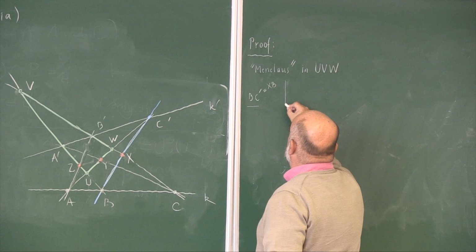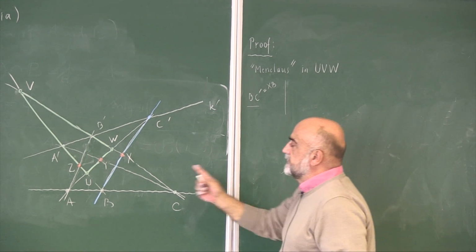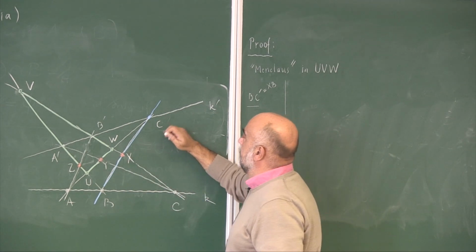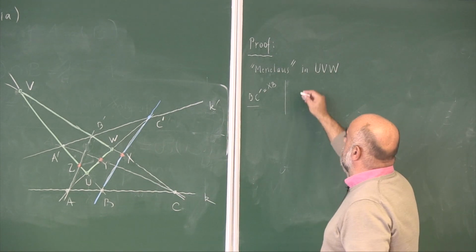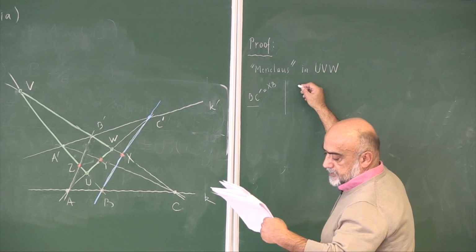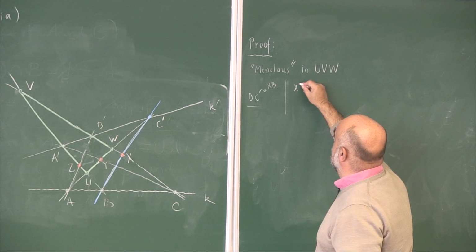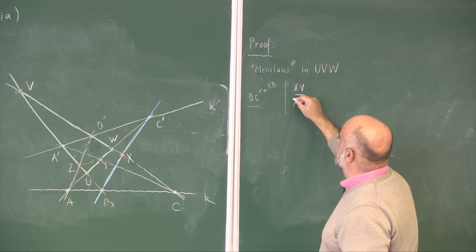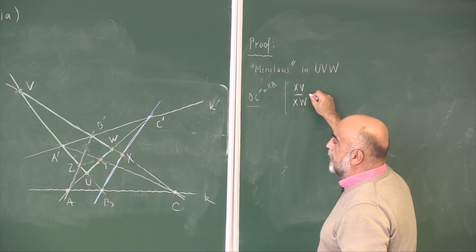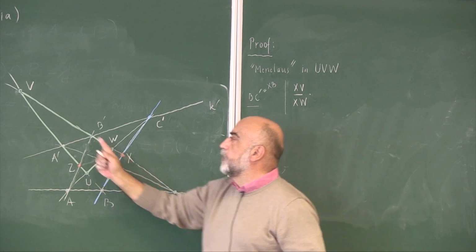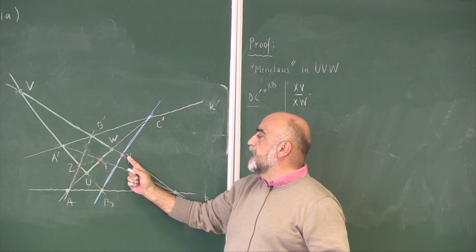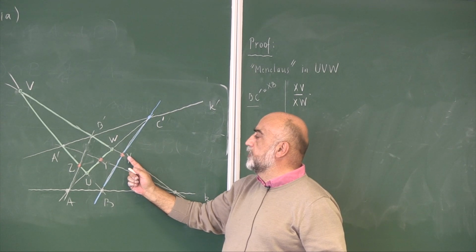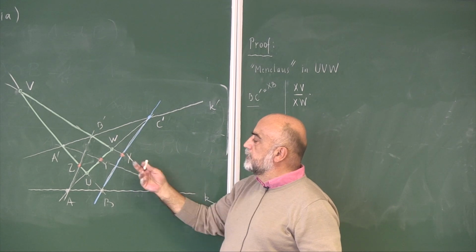So let me write the theorem of Menelaus. Since B, X and C prime are collinear, we come to the very simple conclusion that, here it is, XV by XW times, so that's what happens on the side VW in connection with the point X. So what happens in connection with the next side? The next side is, of course, WU.